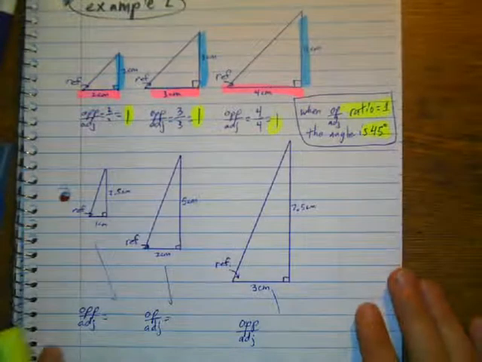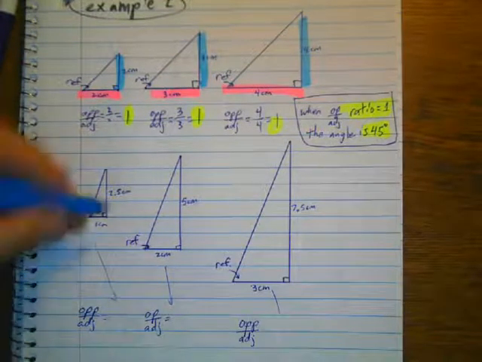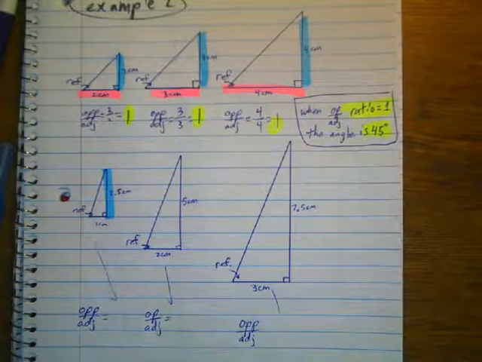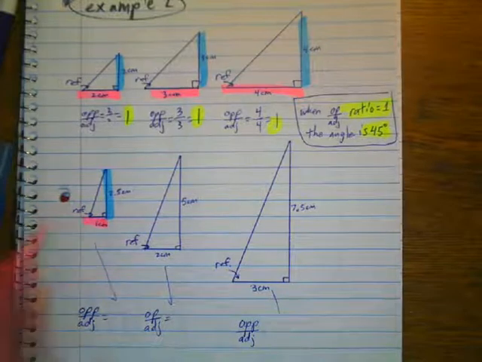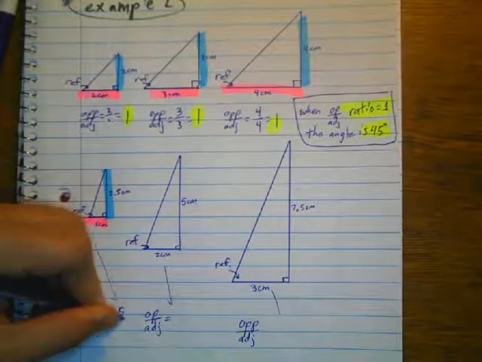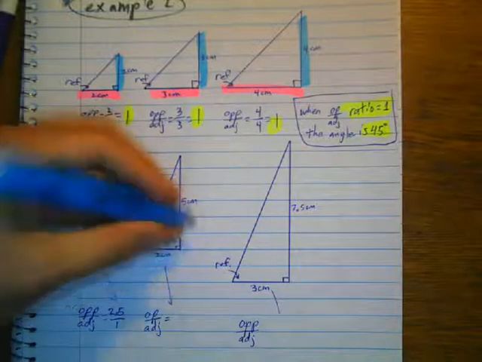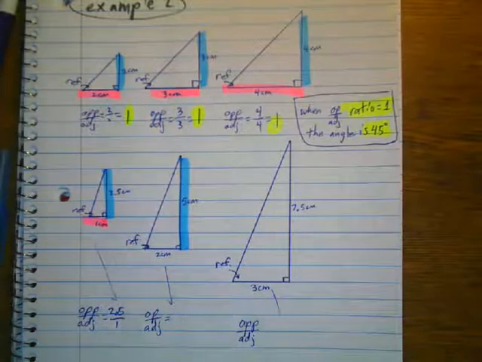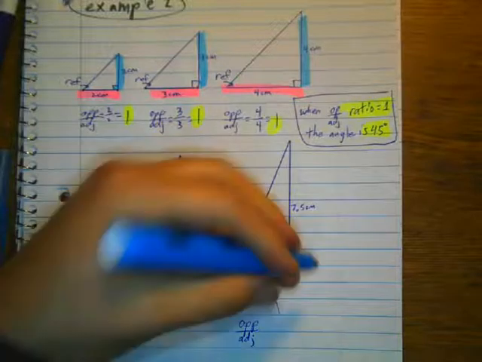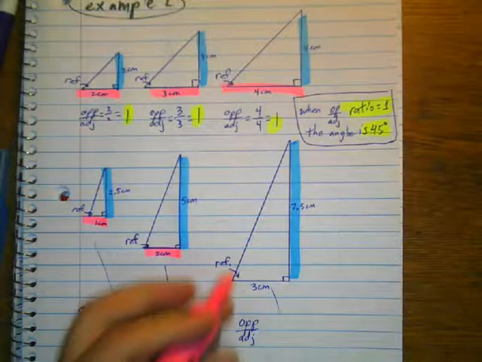Okay, similarly, here I've got my opposite side is 2.5 and the adjacent side is 1. Here I've got my opposite side of 5 and the adjacent side is 2. And here I've got my opposite side of 7.5 and the adjacent side is 3.